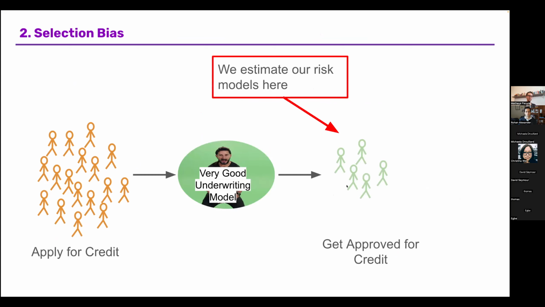For instance, you can approve some people randomly and see how the model performs on that set of randomly approved people, not subjected to any crazy policies from the bank. So this is a hint on how to solve this problem, but the root of the problem comes from here.